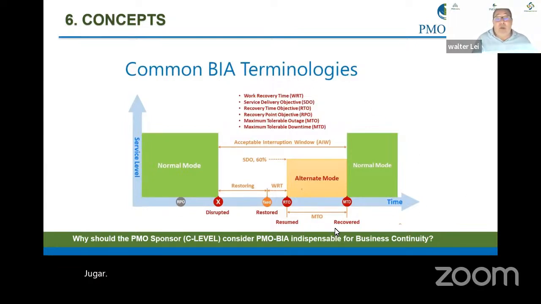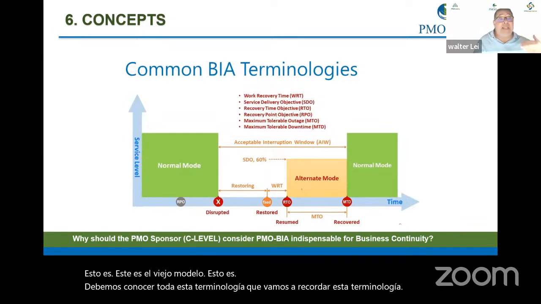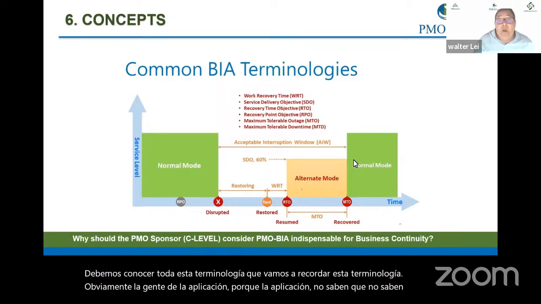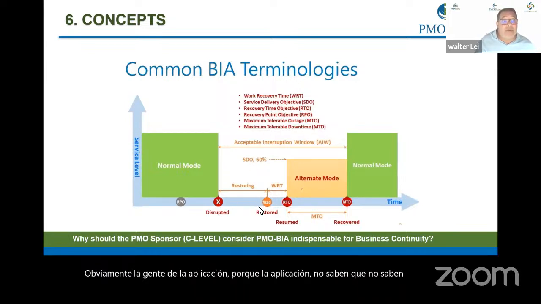This is the old module. Everybody should know all this terminology, but we will recall it. And when we recall and gather this information, we can also go to the customer, obviously the application people, because they don't recall that, or they even don't know what all this is about.